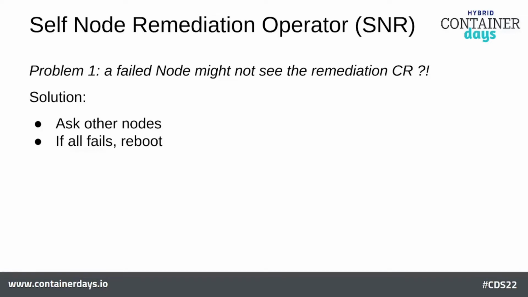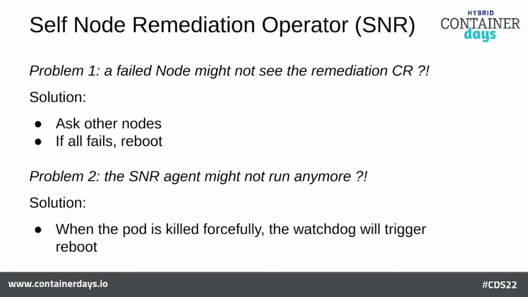If they respond positive, or if the other agents can't be reached as well, the node will be rebooted. Problem 2. The agent might not run anymore on the failed node. Solution: the watchdog was armed when the agent started, and it will trigger a reboot when the agent pod is forcefully killed. Note: a graceful stop of the agent will disarm the watchdog before exiting.